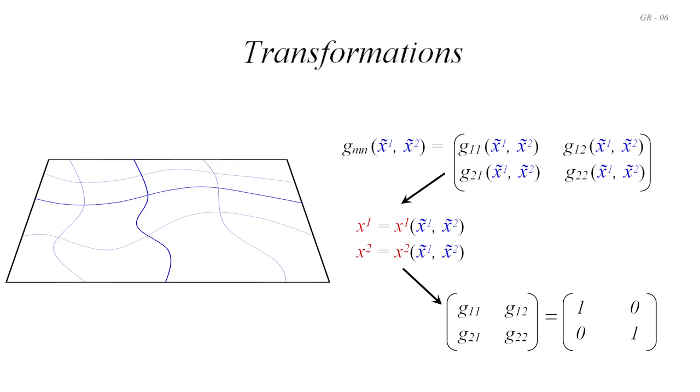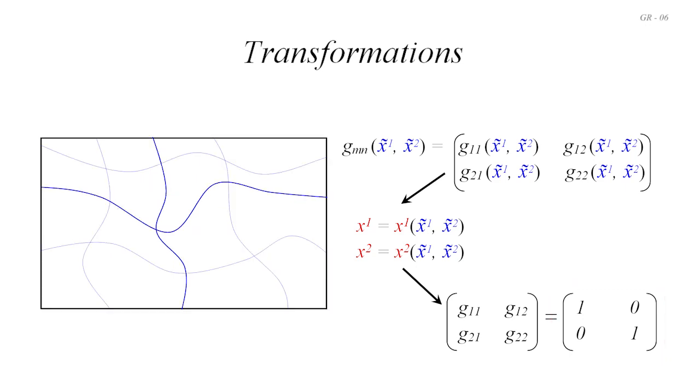And it doesn't matter that somebody has drawn a strange looking set of curvilinear axes on the space. The fact that the blue x tilde measurements from it can be converted to new red x values within a different frame of reference which has this very simple Cartesian metric tensor with ones in the diagonal and zeros everywhere else, means that however you choose to measure the space it will always be flat.